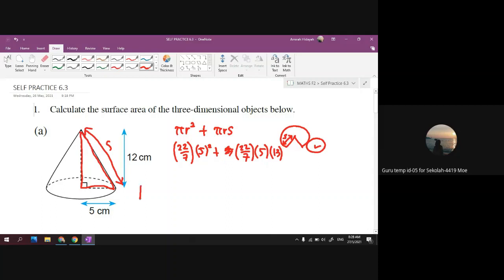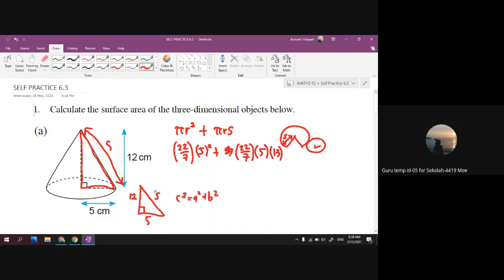So ni kita tahu 5. Ni adalah 12 kan? Dia punya height dia. So to find S, C square equal to A square plus B square.